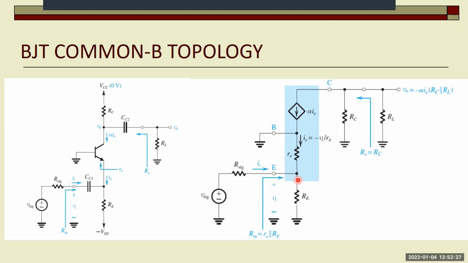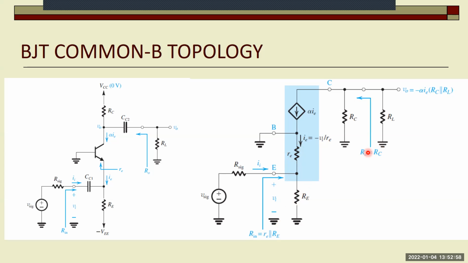Input resistance is basically the re comes in parallel with that RE. So it's the parallel equivalent of these two. Since small re is very small, the input resistance is smaller than the small re. So again, small. The output resistance is again RC if the early voltage can be assumed infinite.